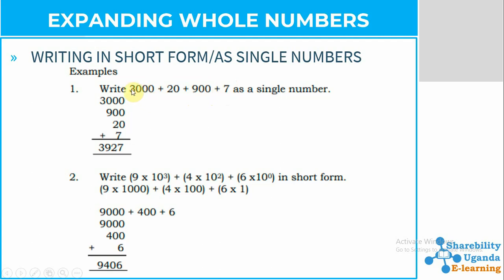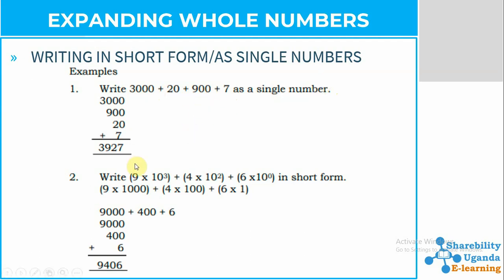Like you can see here, they started with 3,000, 20, then 900, then 7. So they always ask questions in this form. They say write 3,000 plus 20 plus 900 plus 7 as a single number, or they may say a single number.